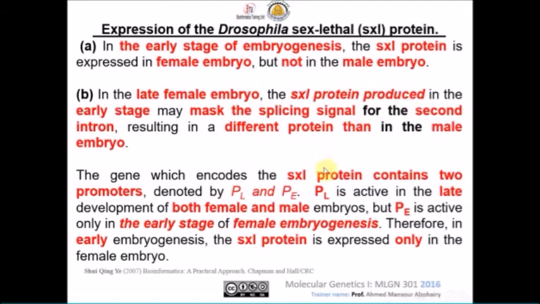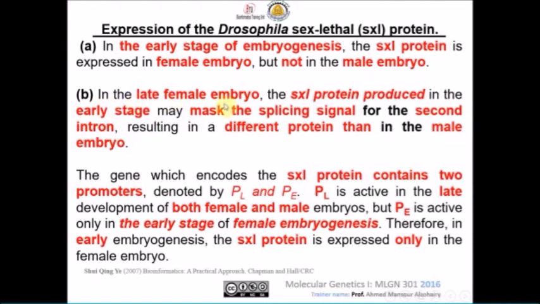So here we can have the description of the expression of the sex lethal SXL protein. In the early stage of embryogenesis, the SXL protein is expressed in the female embryo, but not in the male embryo.